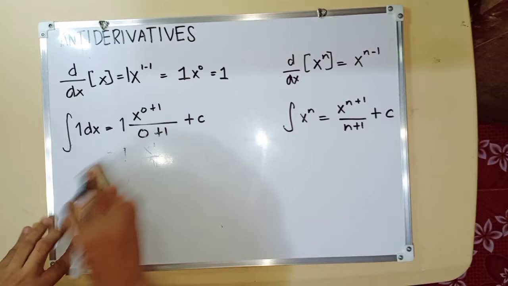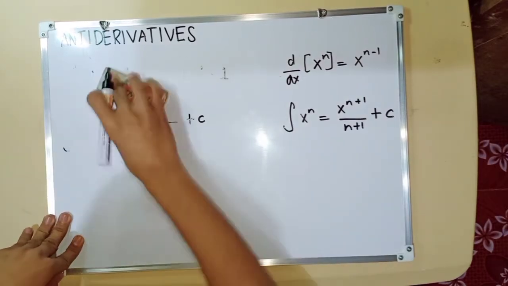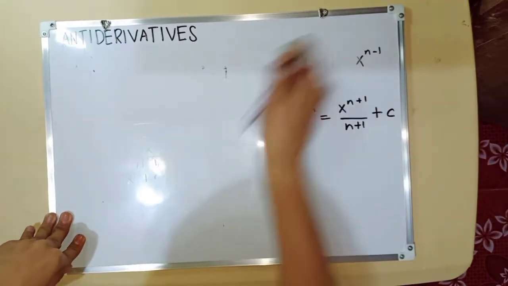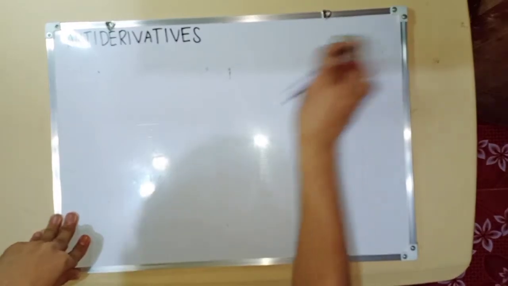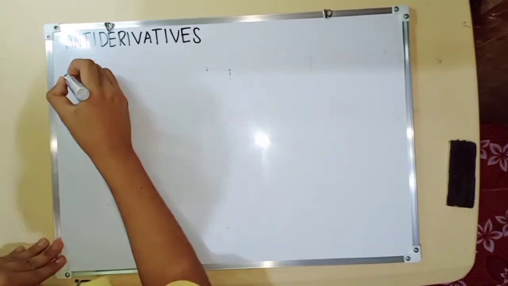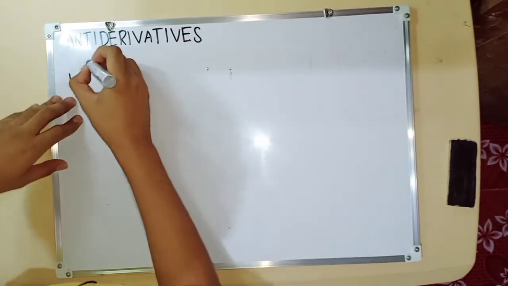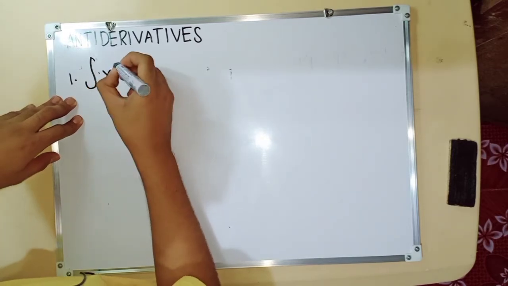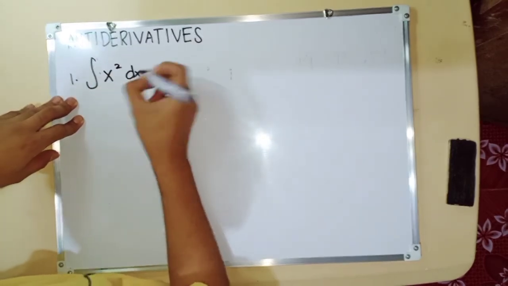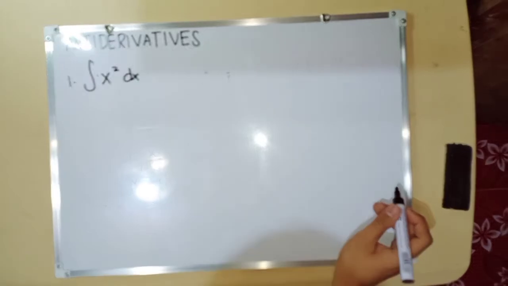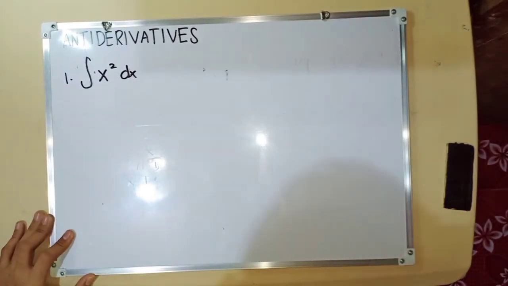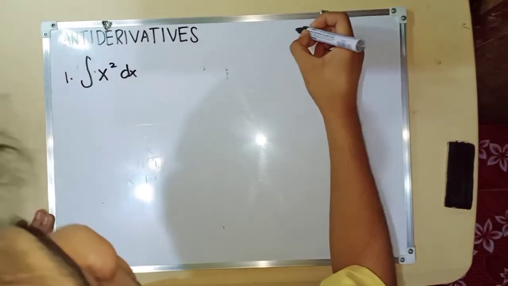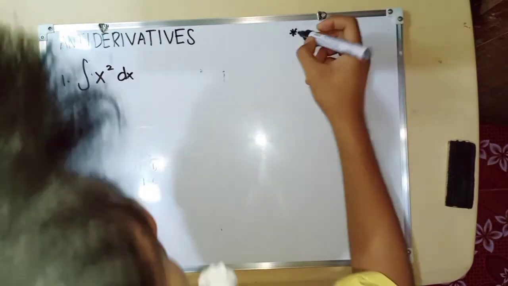So, mag-proceed na tayo sa mga examples. So, example number 1. Let us take the antiderivative of x squared. So, huwag natin kakalimutan ang power rule for antiderivatives. Isulat natin dito para magsilbing guide natin.